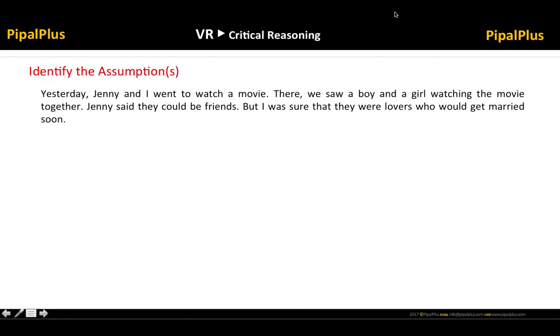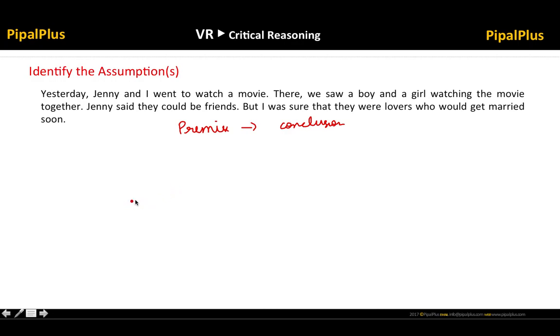All right, now comes the most important part, and that is identifying the assumption. Now, you would recall that when I defined assumption, I mentioned that the assumption really is what links the premise to the conclusion, right? So the premise in this case, you would notice that there were two situations here.